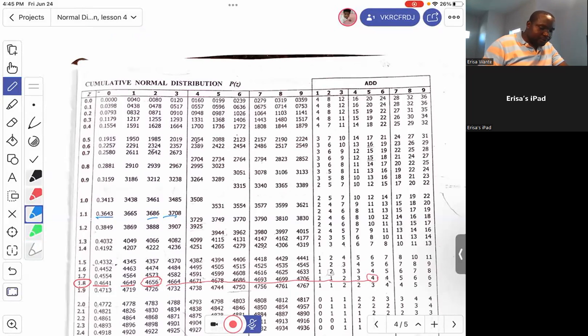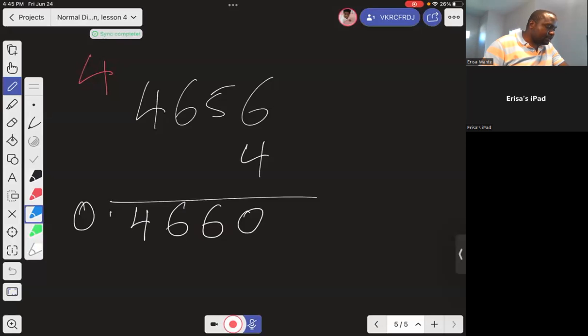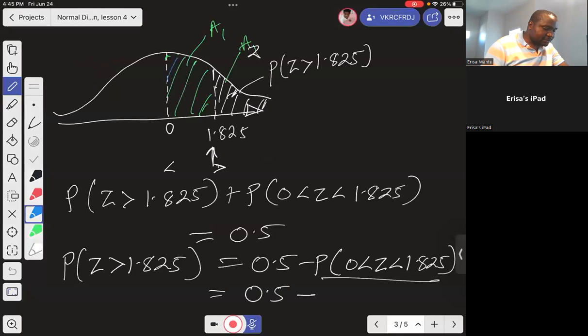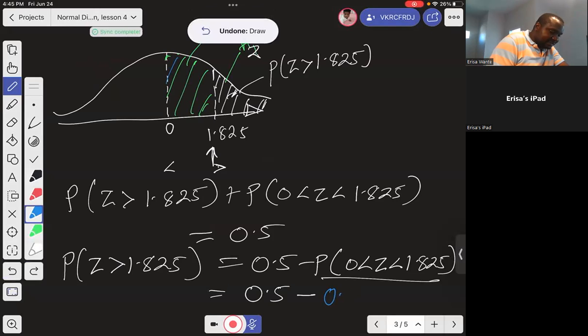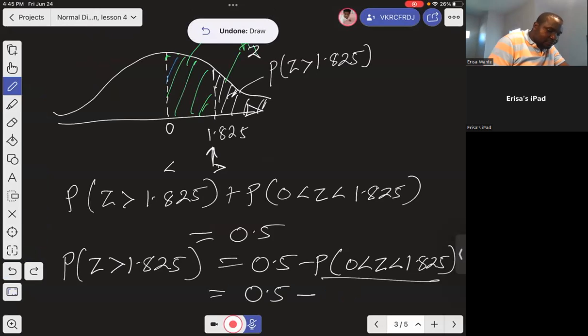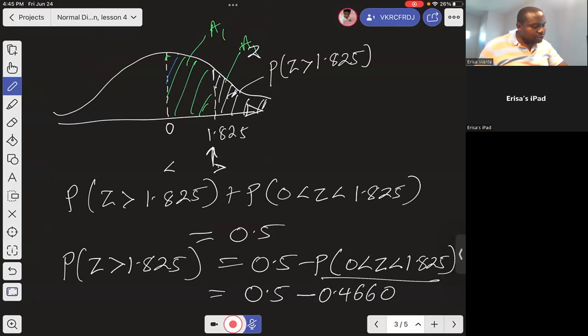So we have got 0.4660, and then we subtract it from 0.5. So it is 0.5 minus 0.4660.